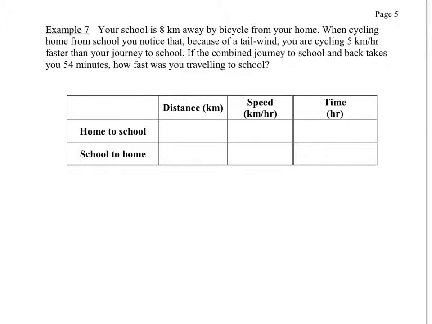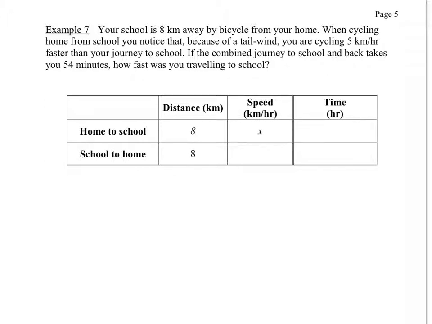First of all, the distance from home to school and the distance from school to home, in both cases, is 8. Now, the speed that we go from home to school is the thing that we are being asked for in this problem. How fast were you traveling to school? So we'll call that x.